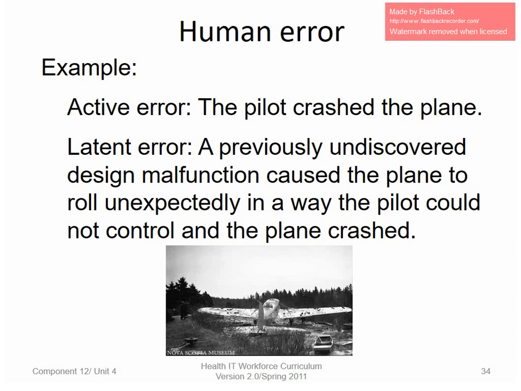So the plane had a malfunction and the pilot couldn't keep the plane in the air. Not that they forced it into the ground. They couldn't keep it in the air because there was a malfunction. The nurse barcode scanned the patient, but something in the system didn't warn her. The alert was broken. That's the difference between the active and the latent error, something that's found after the fact that was wrong.